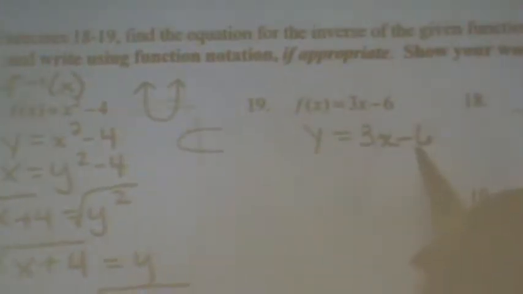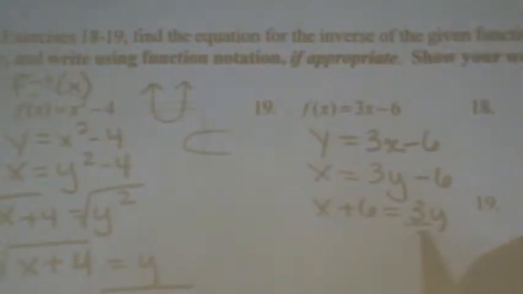Now for the next one, you have a line. You have y equals 3x minus 6. Now this, a line, is 1 to 1. Its inverse will be a function. So when you switch your x and y around, you're going to add 6 and divide by 3.